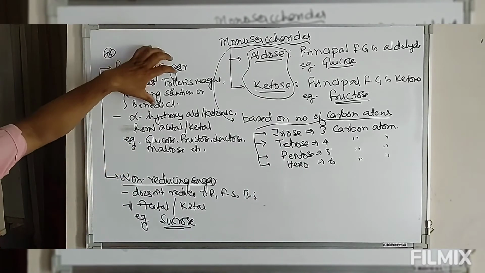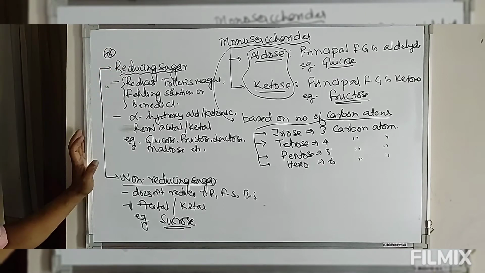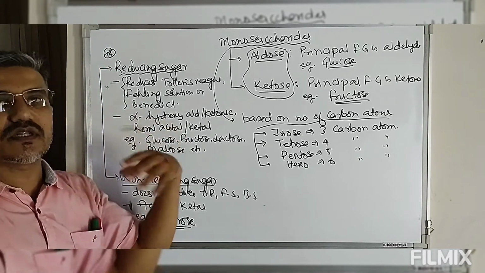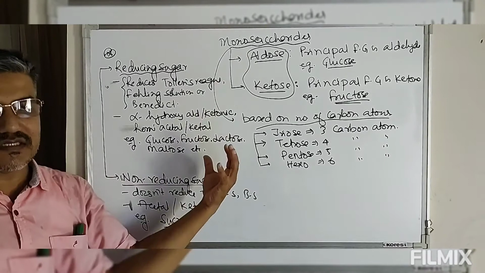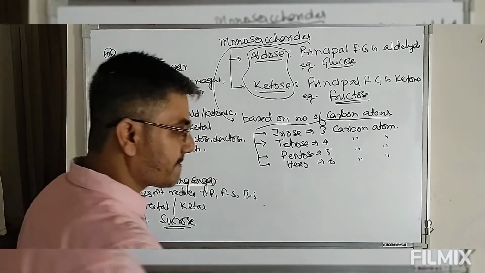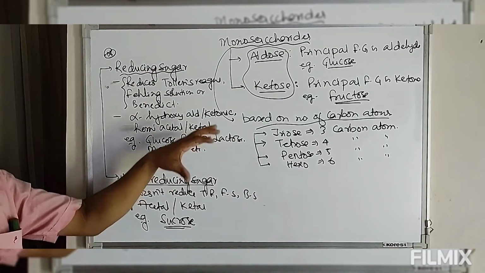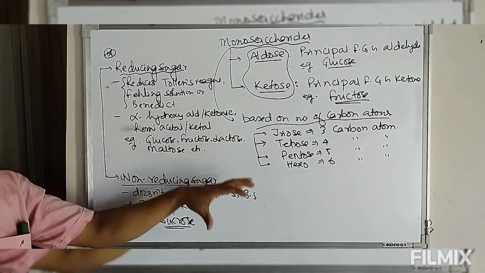So they reduce these reagents and are known as reducing sugars. So this is one classification based on their reactivity towards these reagents. These are the brief classifications of the carbohydrates.